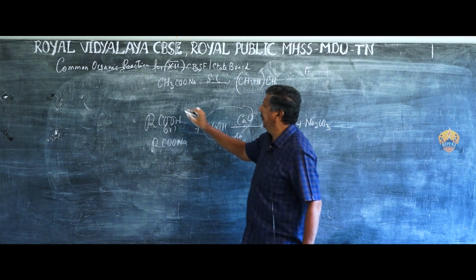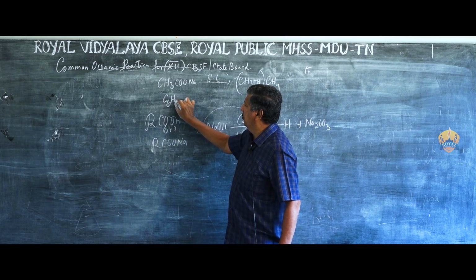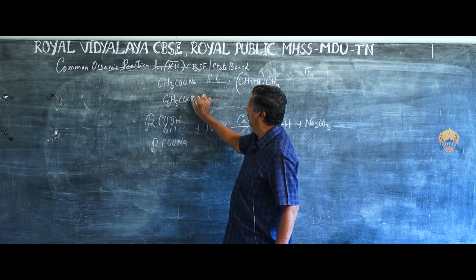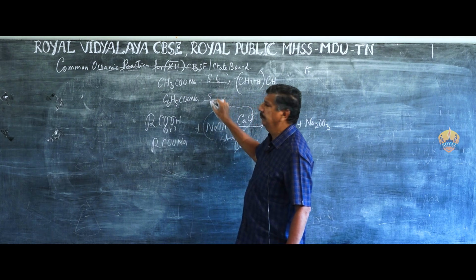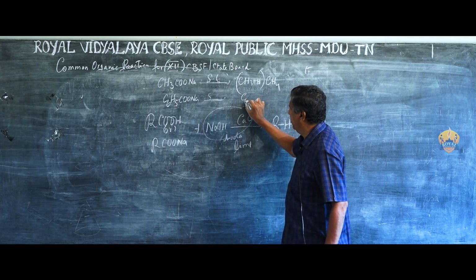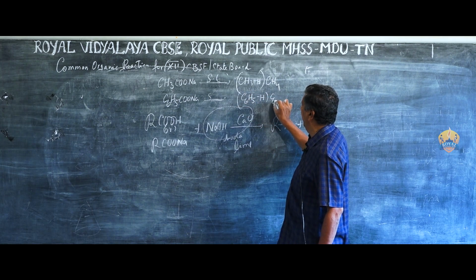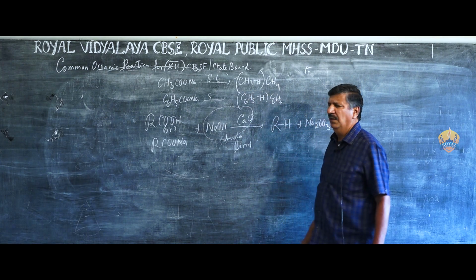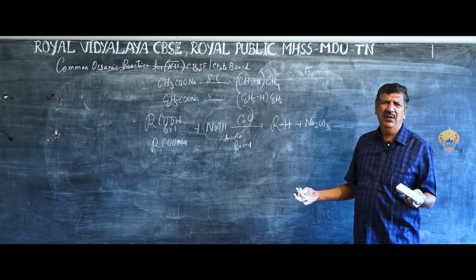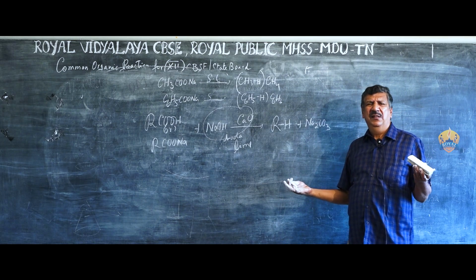When somebody asks you sodium benzoate with soda lime, you write C6H5 with H, which is called benzene, that's all. Wherever you want, you can use soda lime.